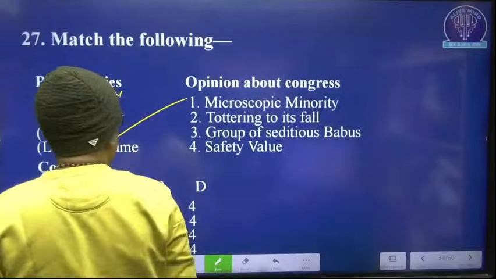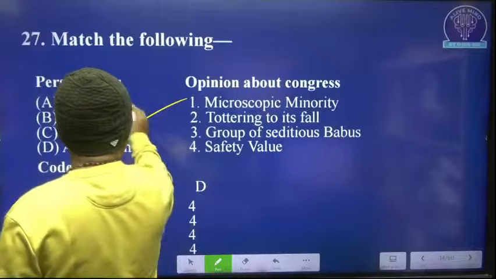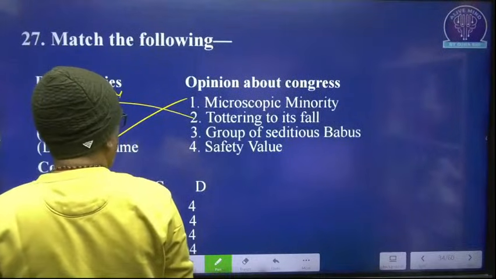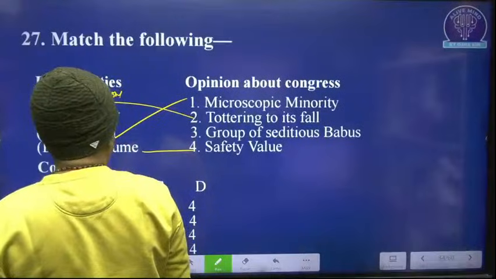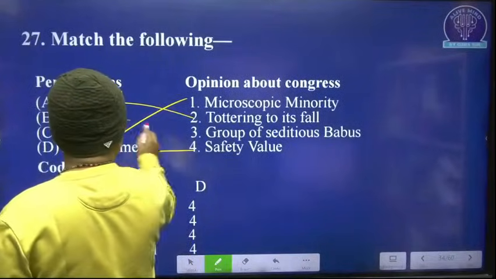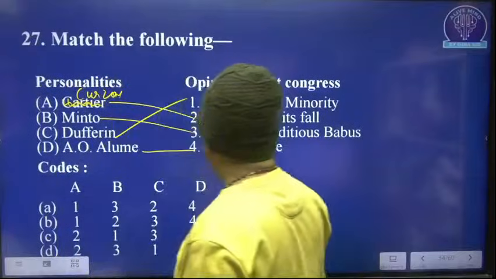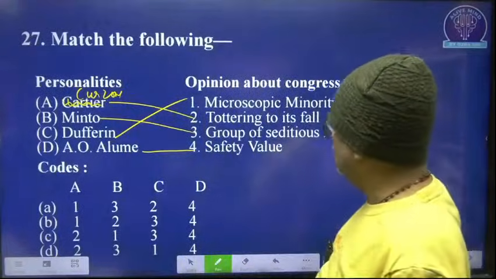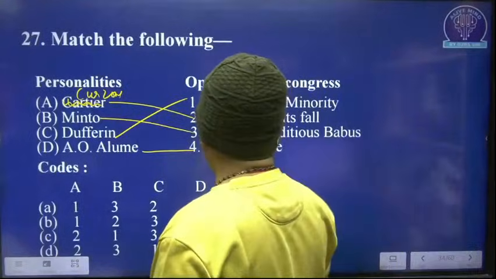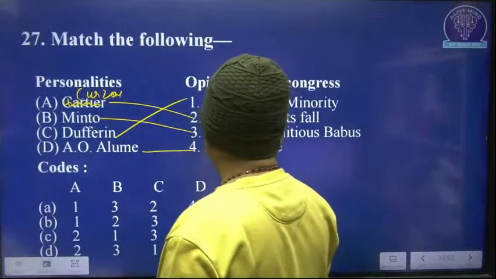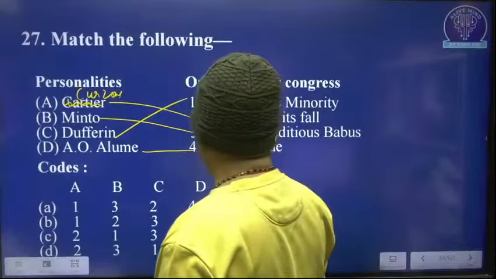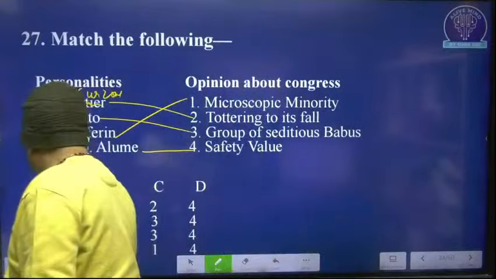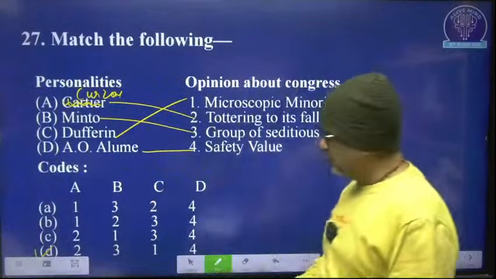Curzon, tottering to its fall. Dufferin, microscopic minority. Hume, safety valve. Minto, group of seditious babus. A is 2, B 3, C 1, D is the answer. Please, 27D.